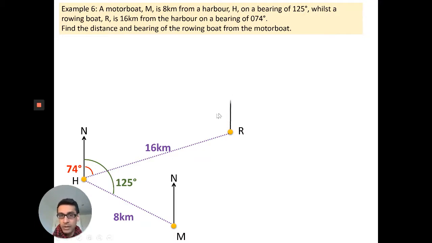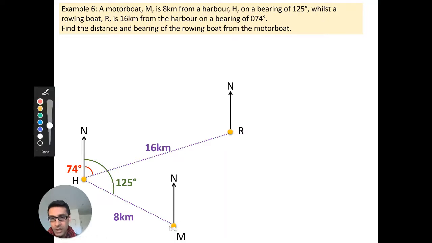And then again, you draw the north line for that. And then the question is, find the distance and bearing of the rowing boat from the motorboat. So we were looking for the angle, the north angle from, in this case, we want to go clockwise, and that's the angle we want here.